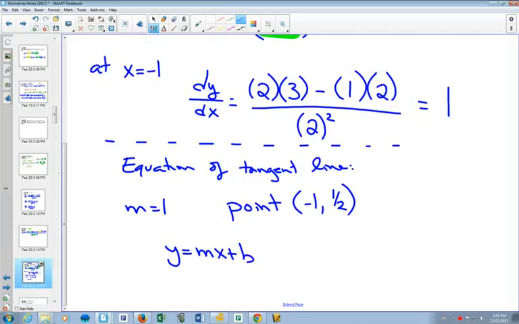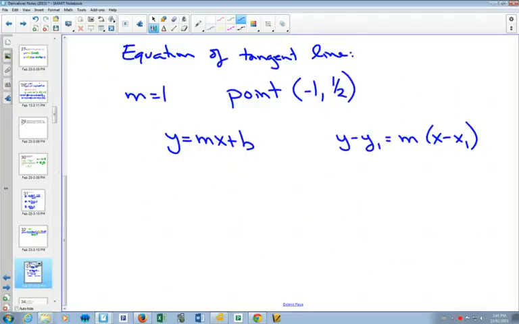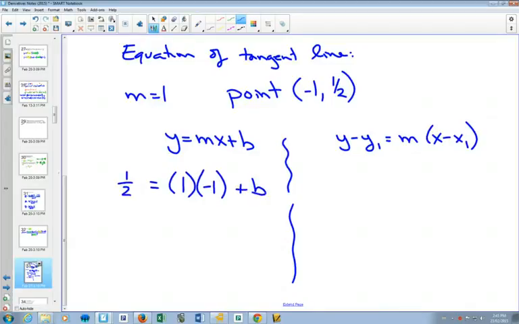If you remember this one best, you can use that one. I'll do it both ways just to refresh your memory. With this one, you know the slope is 1. Since you know a point, when x is negative 1, y is negative 1/2, you can solve for b.